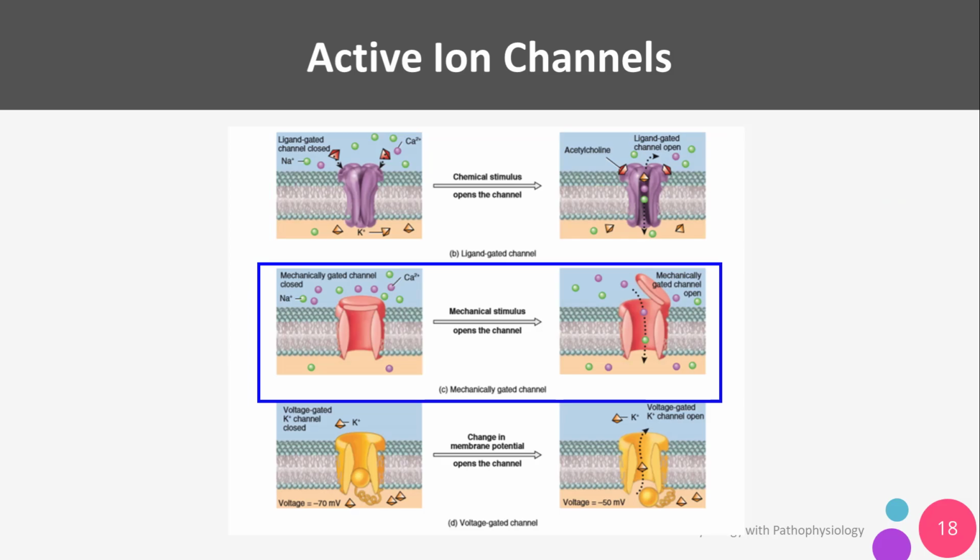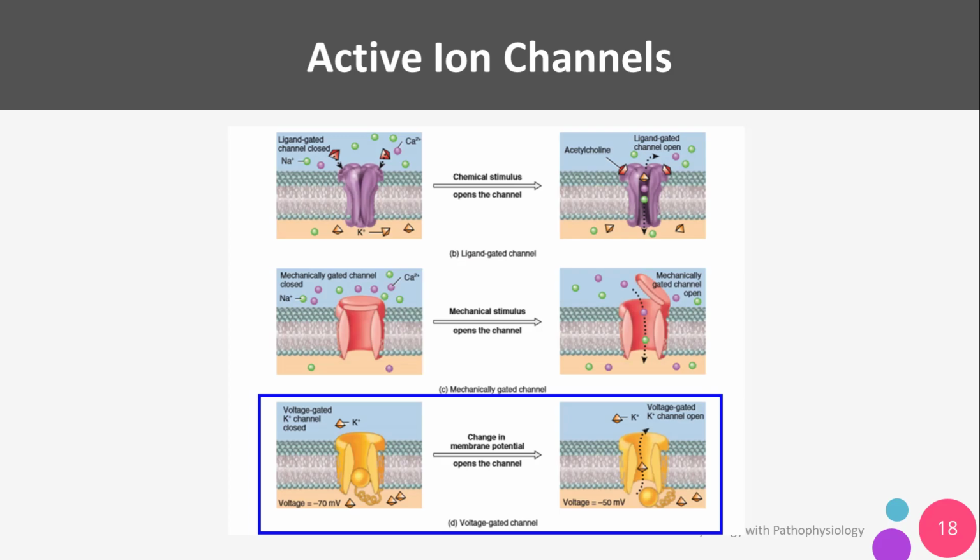Mechanically gated ion channels respond to membrane disruption. They are found in sensory receptors that respond to touch, pressure, or vibration. A voltage-gated ion channel, on the other hand, responds to changes in membrane potential.